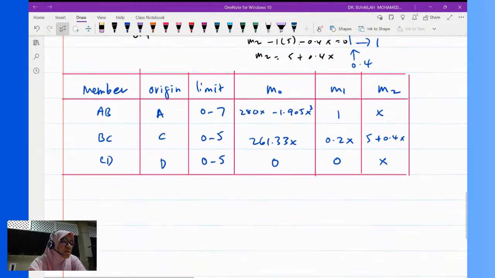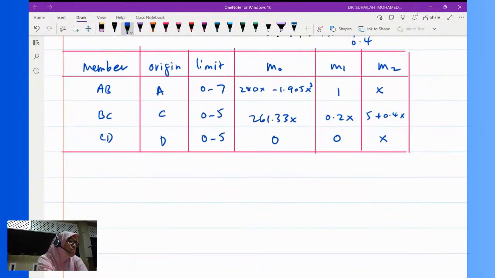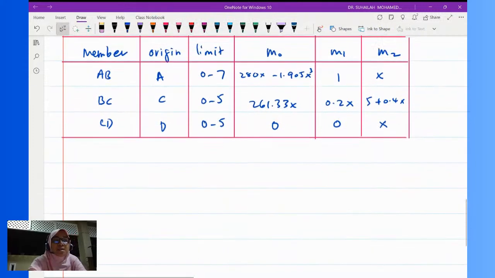We are going to determine the redundant, and we get the redundant from the compatibility equation. What is the compatibility equation? It is displacement at the redundant position. And under the displacement formula, there is the moment equation. So we write the moment equation so that we can determine the displacement, and then we can solve for the redundant.